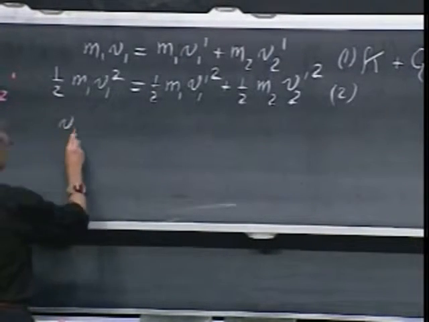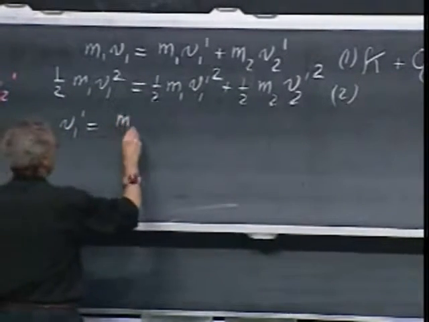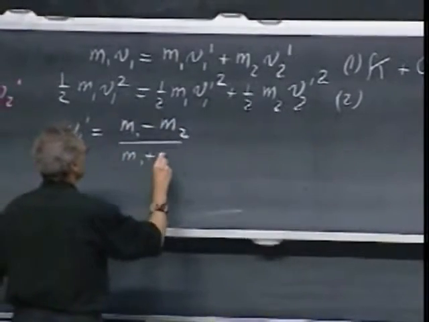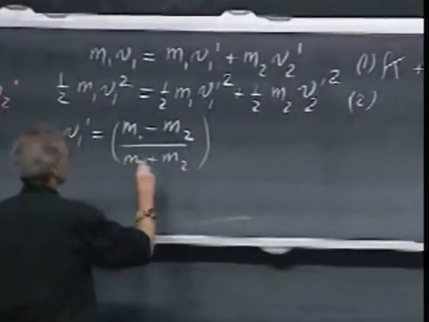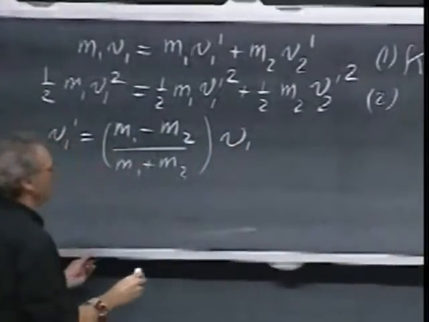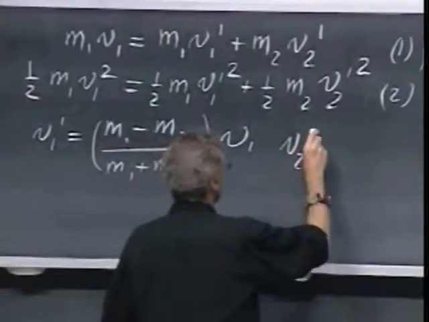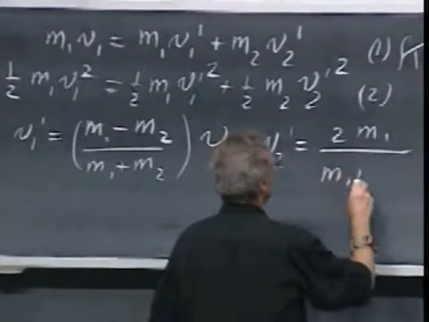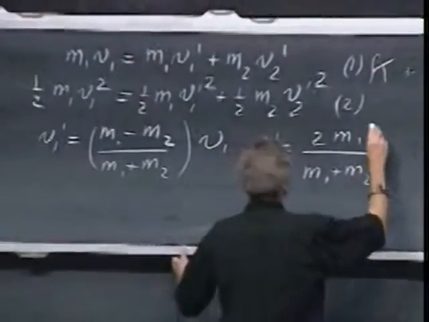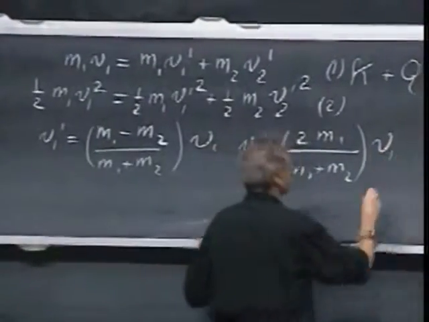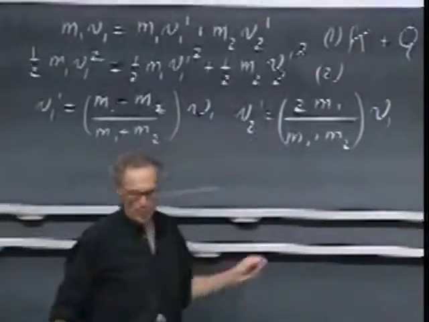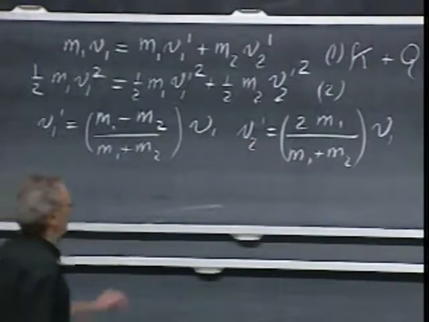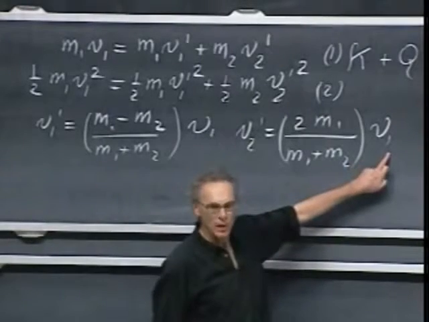V1 prime will be (m1 minus m2) divided by (m1 plus m2) times v1, and v2 prime will be 2m1 divided by (m1 plus m2) times v1. The first thing that you already see right away is that v2 prime is always in the same direction as v1.